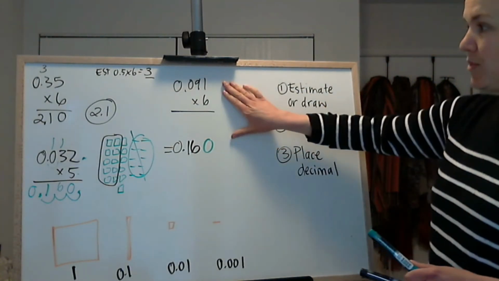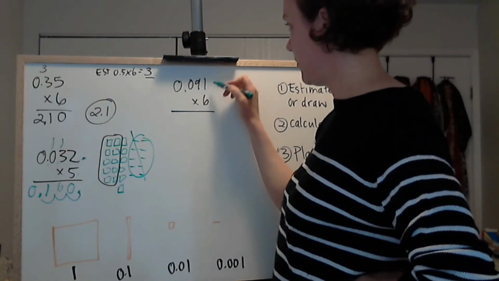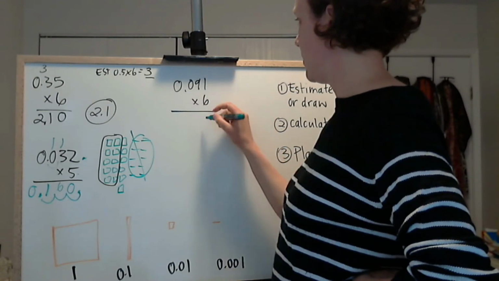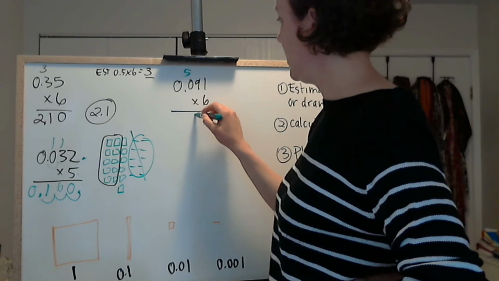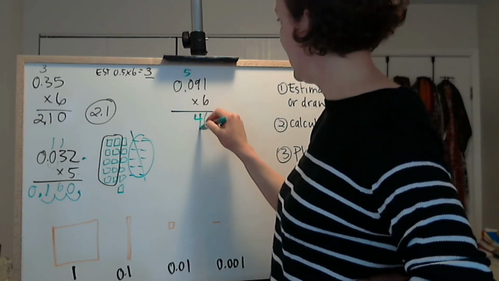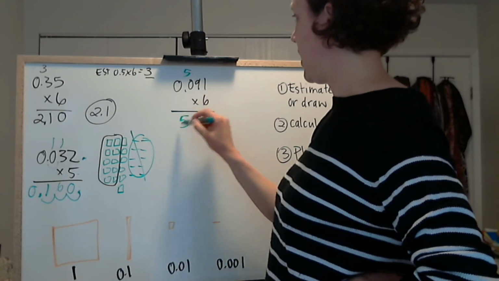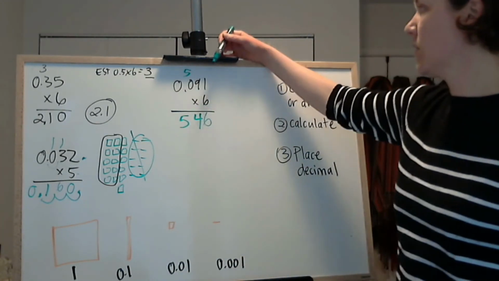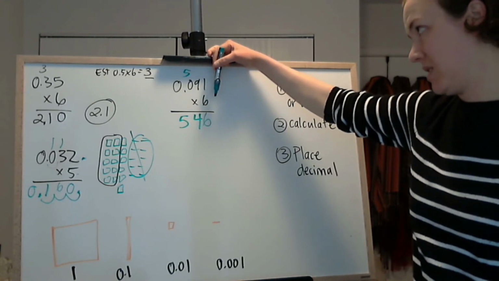For this example, I'm just going to use the shortcut way. Multiplying. 1 times 6 is 6. 9 times 6 is 54. 0 times 6 is 0, plus 5 is 5. So I have 91 thousandths times 6.